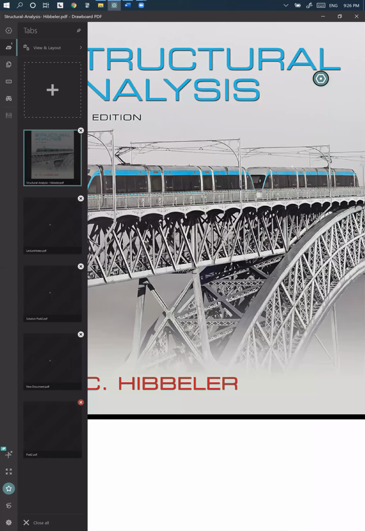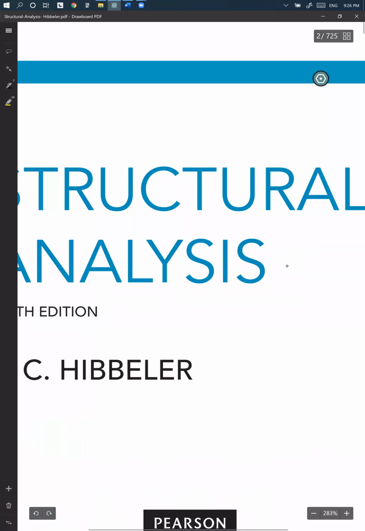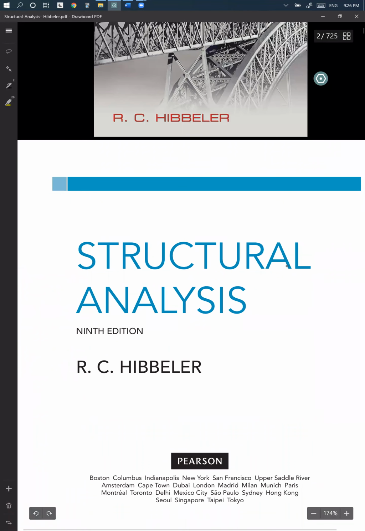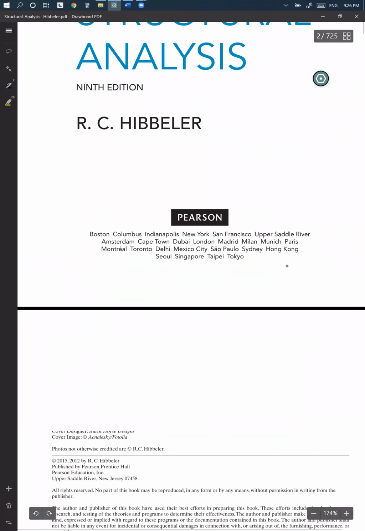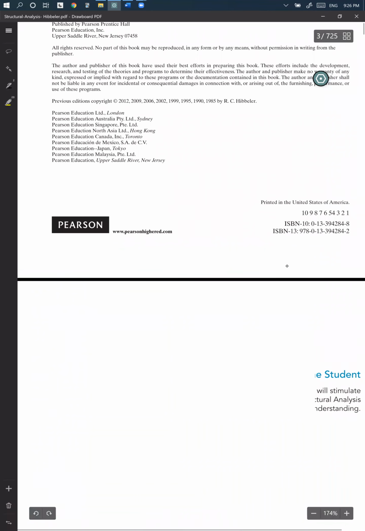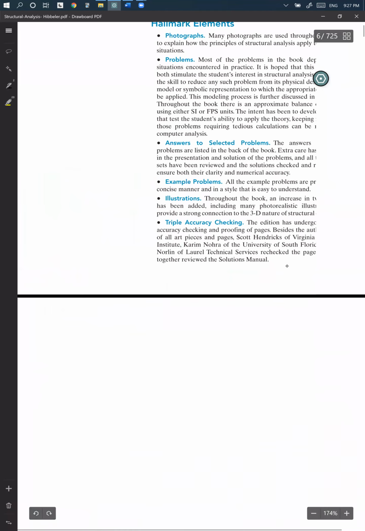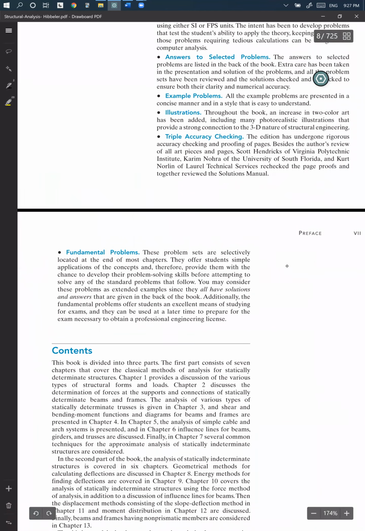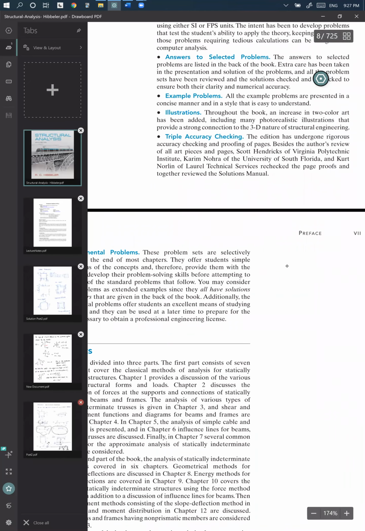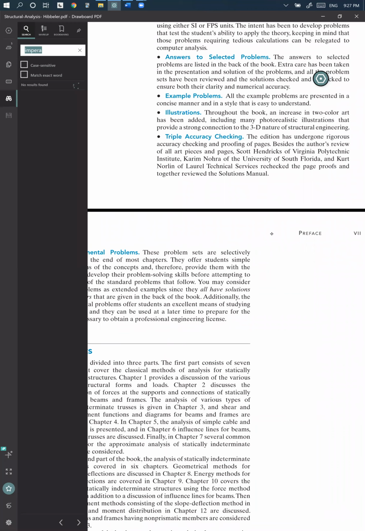Oh yeah, I have the PDF, so yeah, I can do this. So let me see. 438. Best thing to do is to search for it.